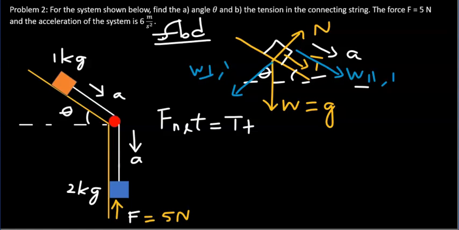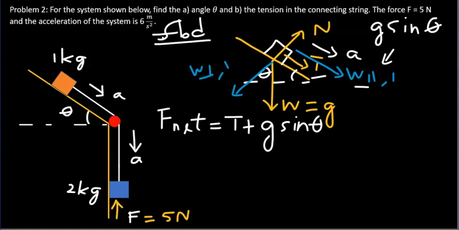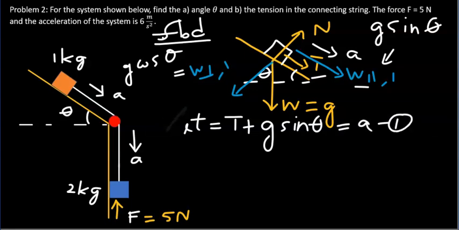W parallel is quite simply the weight times the sine of the inclination angle, in this case theta. So this component right there is g sine theta, whereas this component is g cosine theta. Newton's second law says this must be the same as ma. m is 1 and the acceleration is a. So that's equation 1. Let's just leave that equation 1 there.